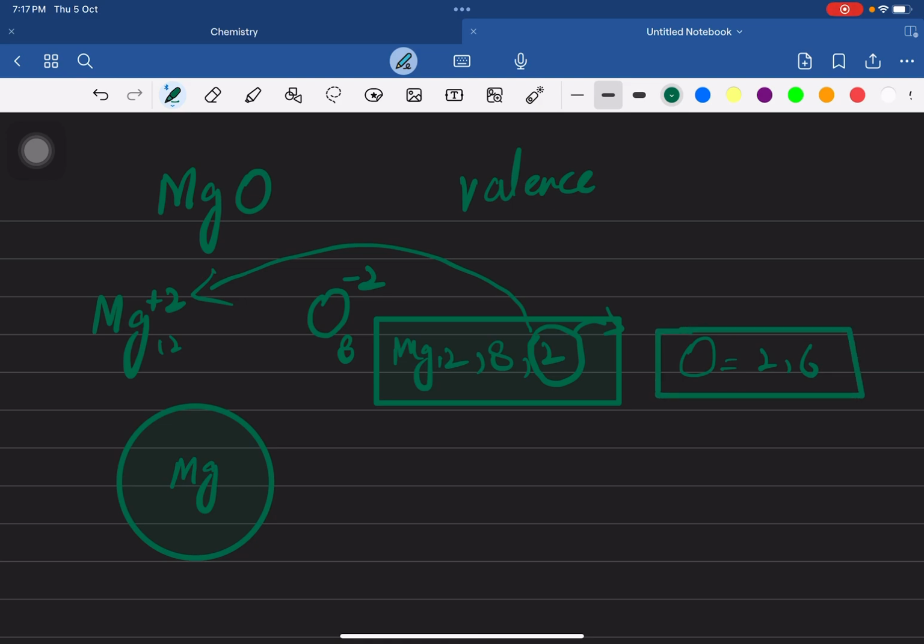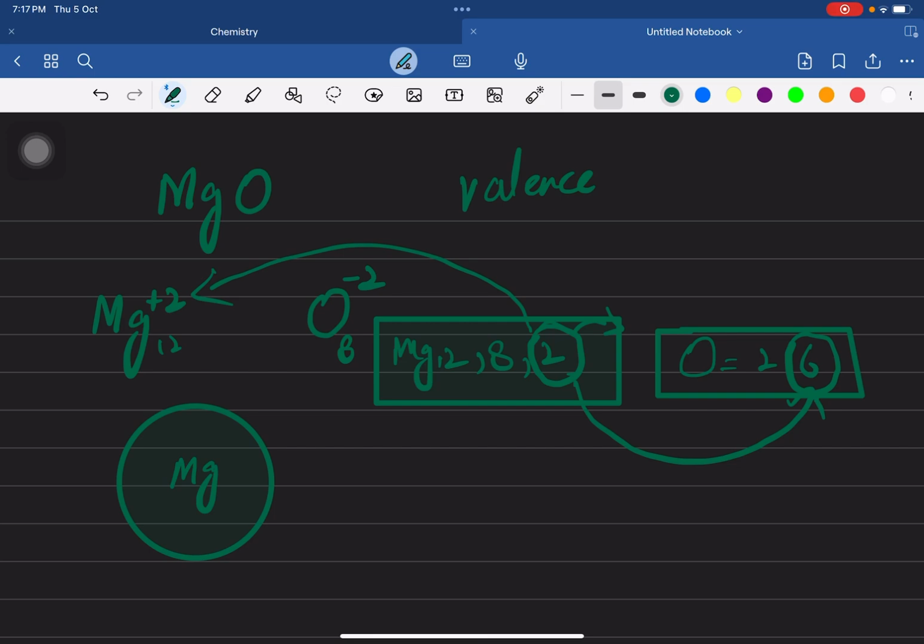Now you can notice that oxygen has 6 electrons in its last shell, but to stabilize itself it needs 2 more electrons so that it could follow the octet rule. So these 2 electrons which the magnesium will lose will be gained by the oxygen. Okay, so now just show the valence electrons.